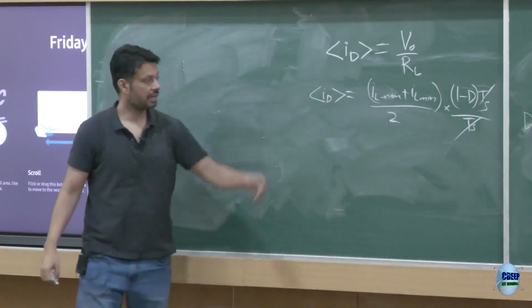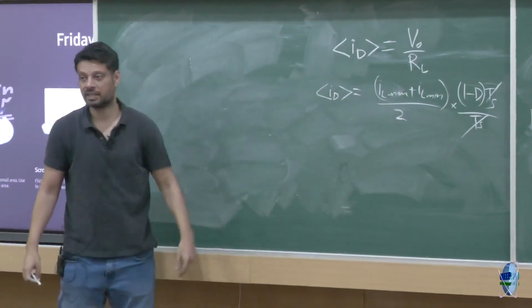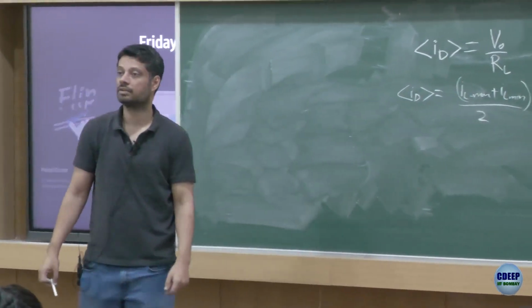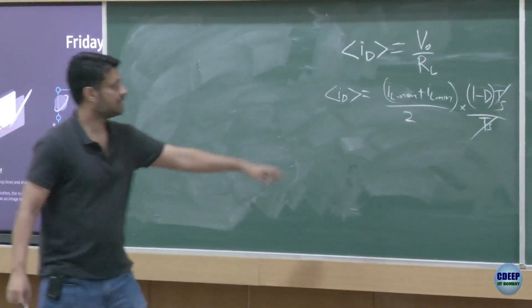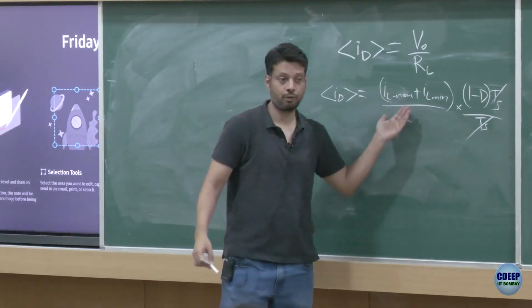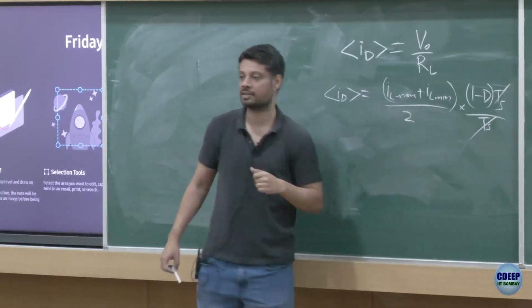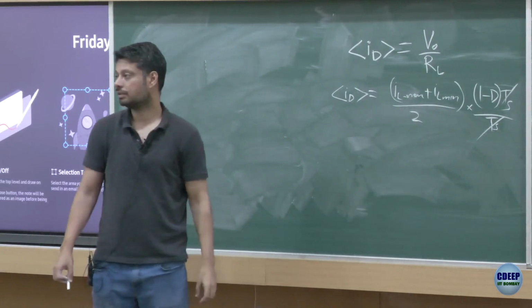This is the average diode current, just by geometry, where this is IL max, which is the same as I diode max, and this is IL min, which is the same as I diode min. Is that okay?